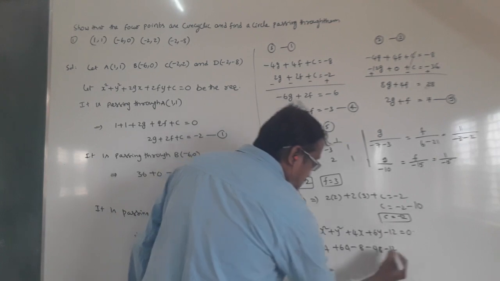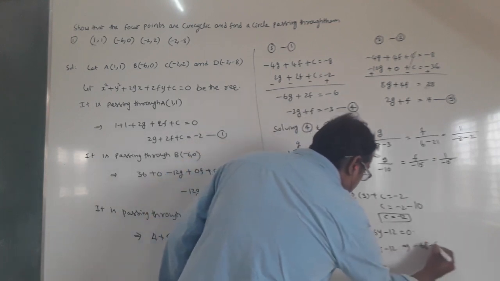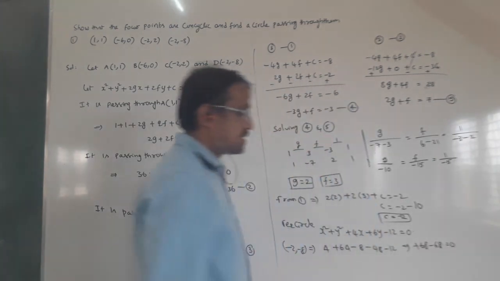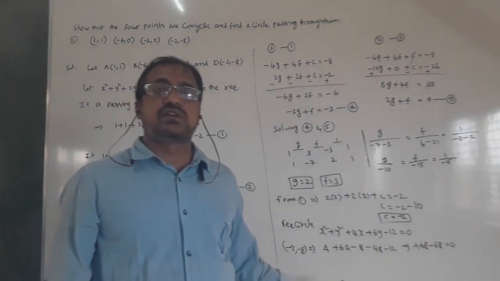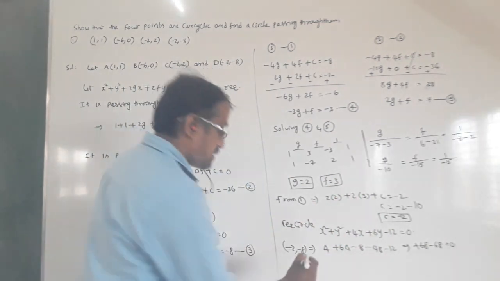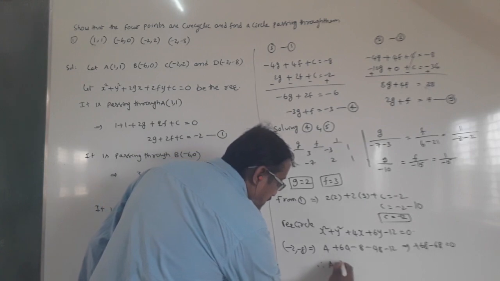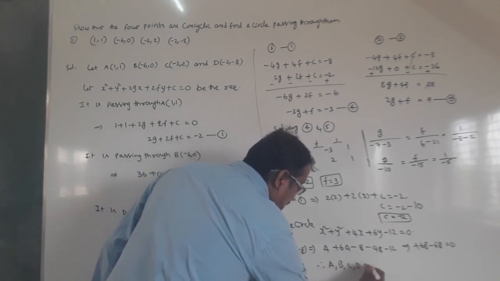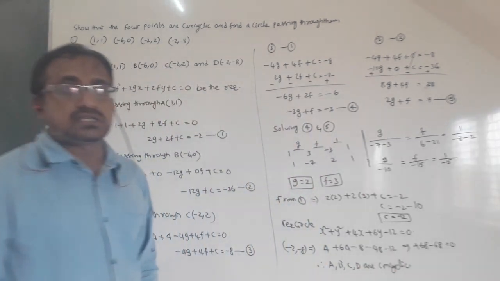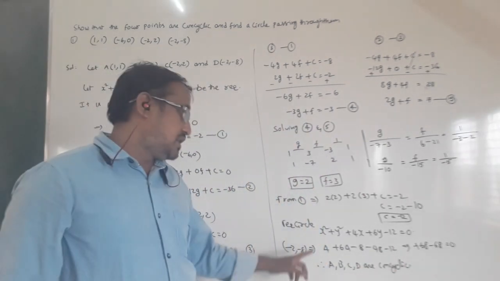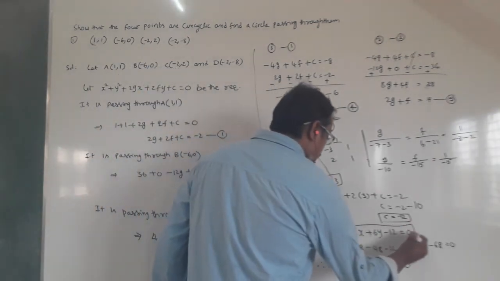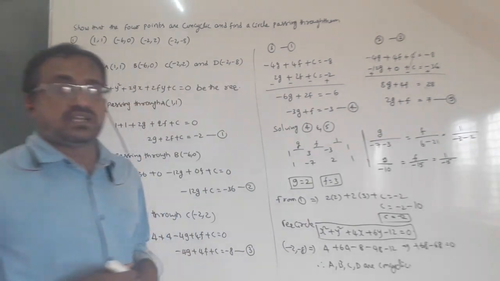So you will get 68 minus 68, that is 0. Now clearly you can see the fourth point lies on this circle. Therefore A, B, C, D are concyclic. They are the given points. They are concyclic, and this is the required circle passing through those 4 points. Very important.